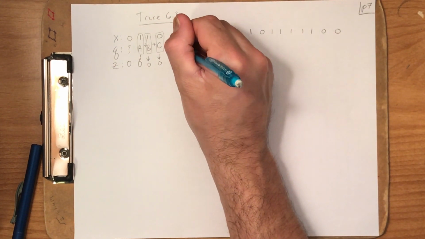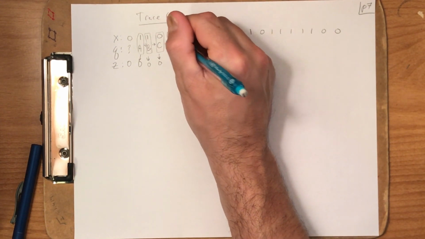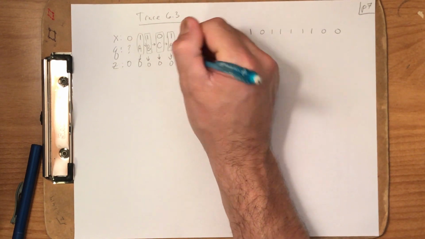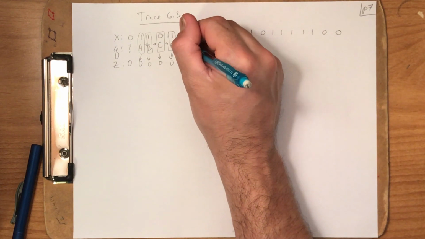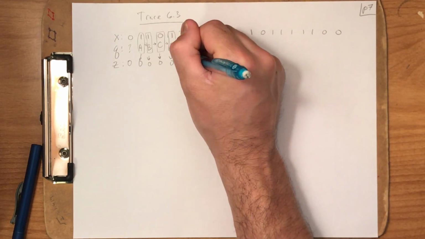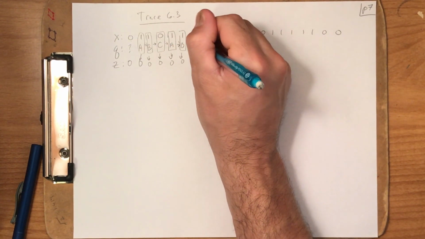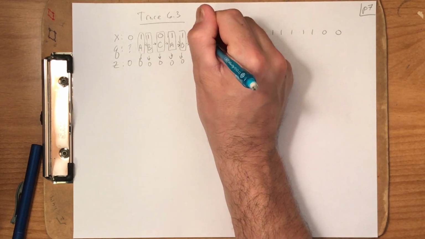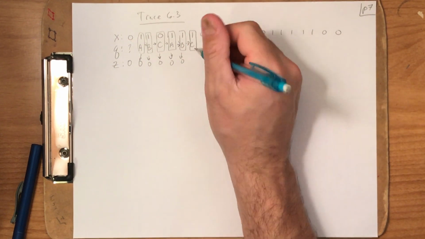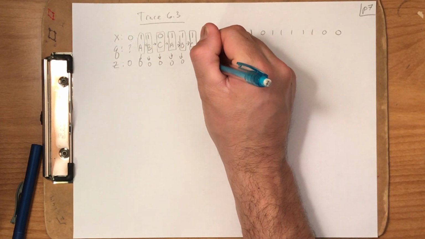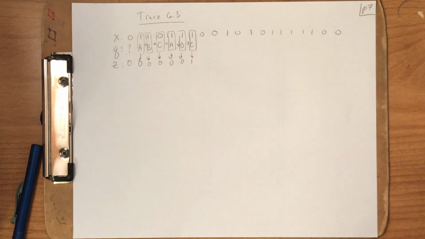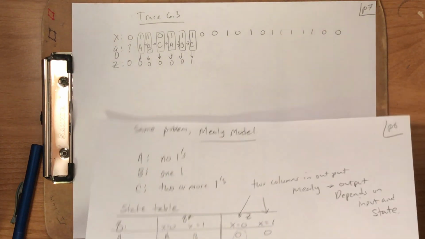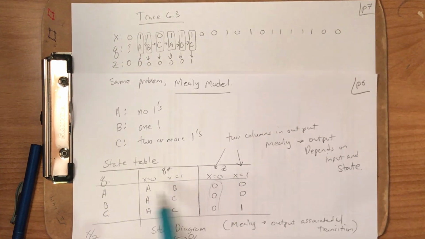This takes us to state A. This takes us to state B. Output of 0. This takes us to C. C with a 1 gives us a 1. So all I'm doing is tracing this information here.